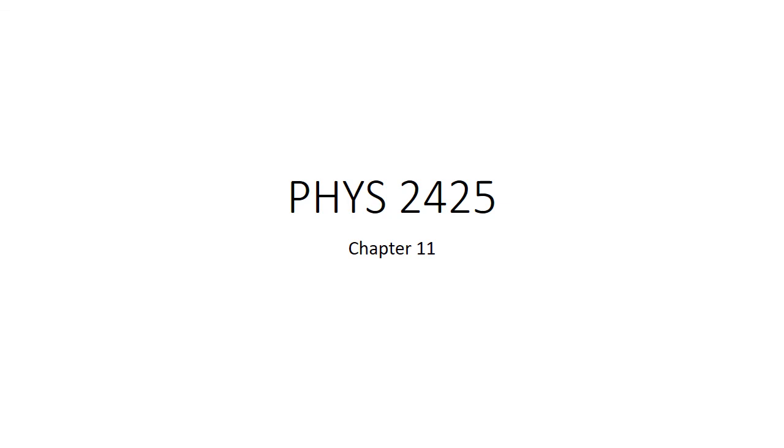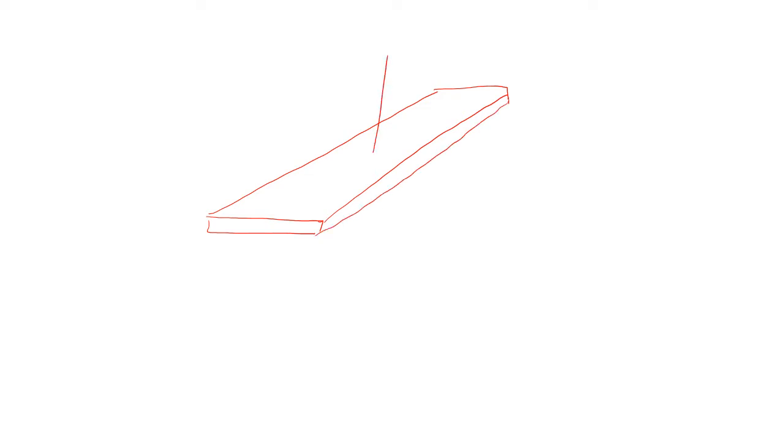So let's do an example with conservation of angular momentum. Let's say that we've got a rectangular object here, and this rectangular object is spinning around its center of mass with an initial angular velocity of 21.5 radians per second.